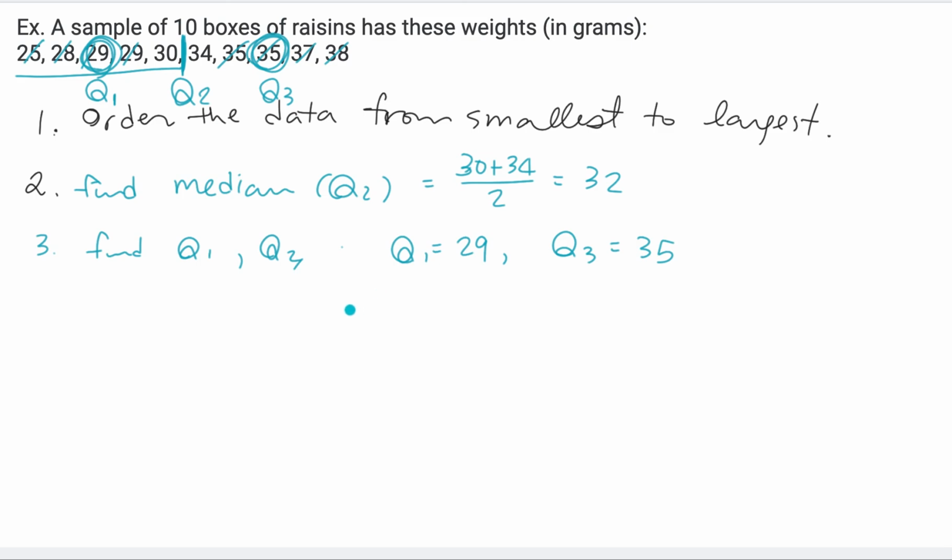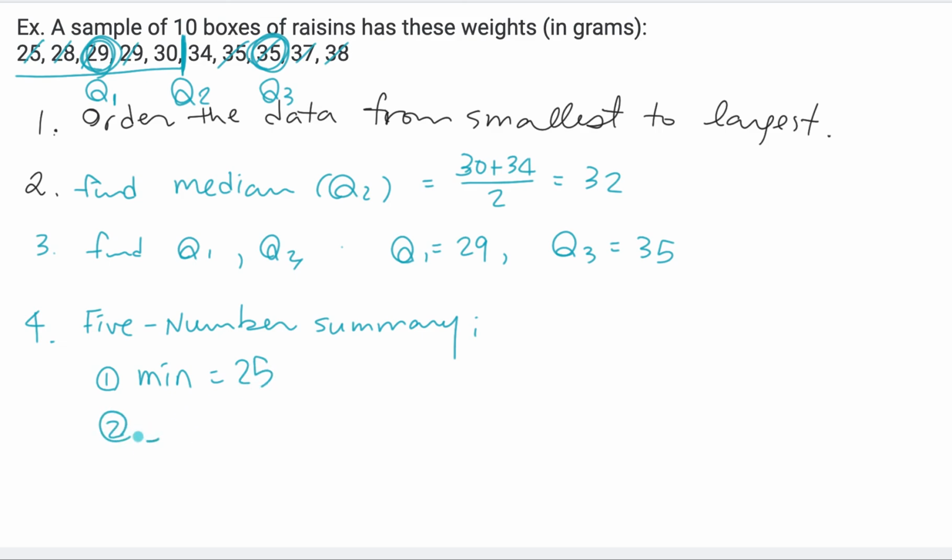Then the next step is to find the 5-number summary. We already found most of the needed numbers, right? So the 5-number summary: you're going to find the minimum. What is the minimum? The lowest number, 25.